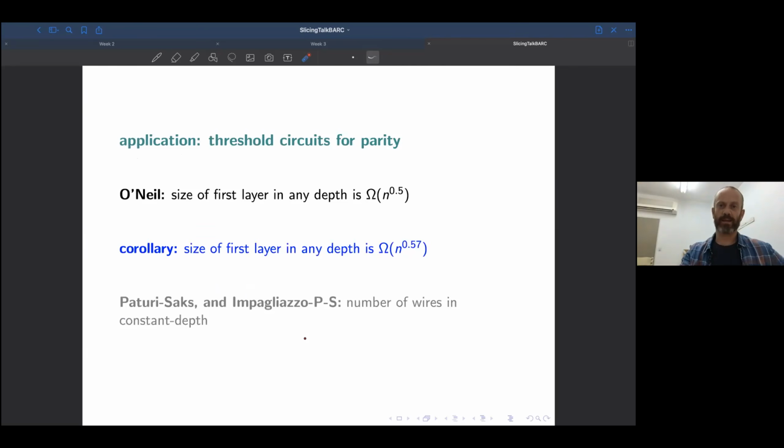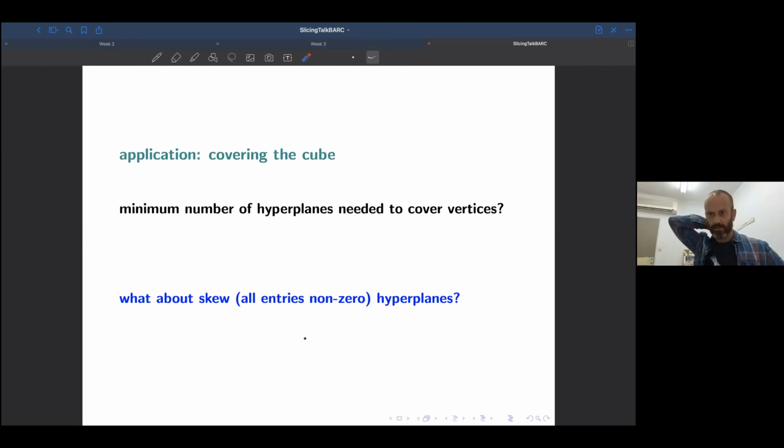The second application I want to mention is a more combinatorial application. So here, the task we want to understand is slightly different. Up to now, we wanted to slice edges. Here, we want to cover vertices. So a hyperplane covers a vertex if the vertex belongs to the hyperplane.